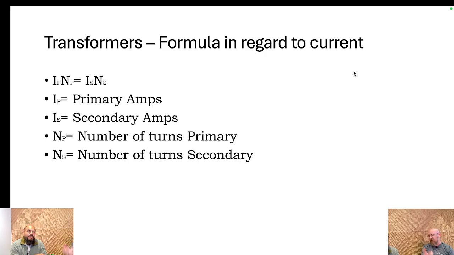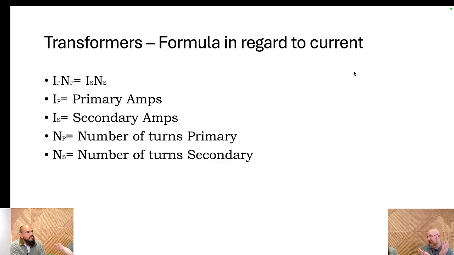So if you've got a load that requires a certain amount of power, and we hold voltage the same, it's going to adjust current for that. If we adjust voltage, then the current is going to be less. We saw this with, say, a light bulb.